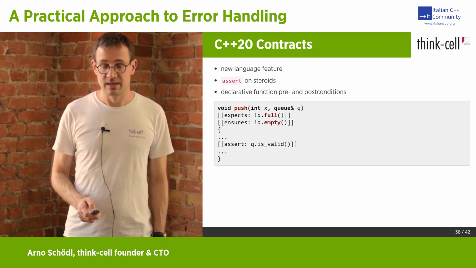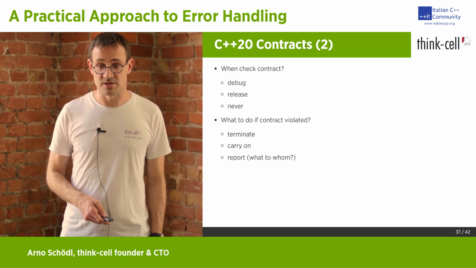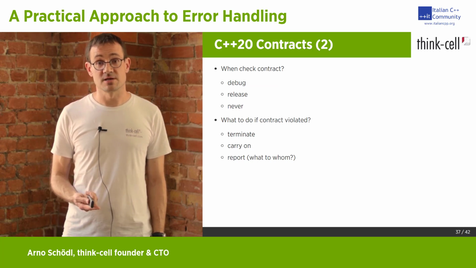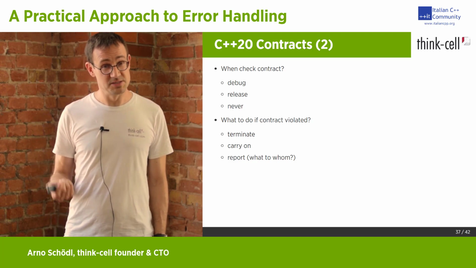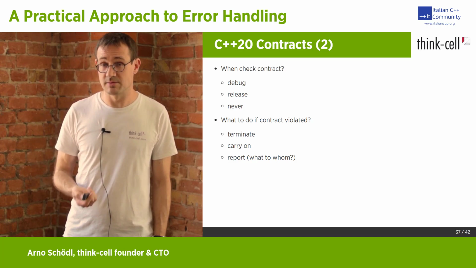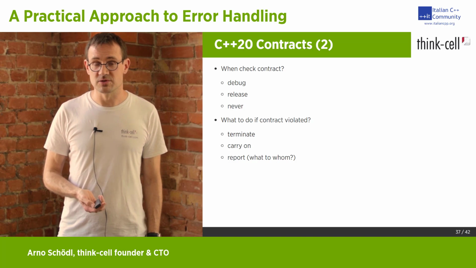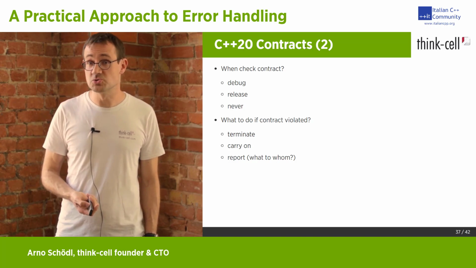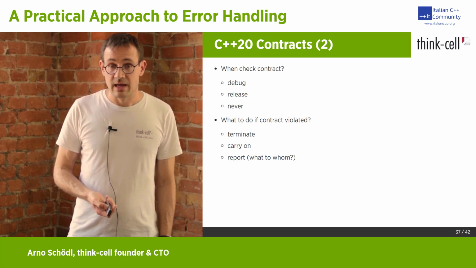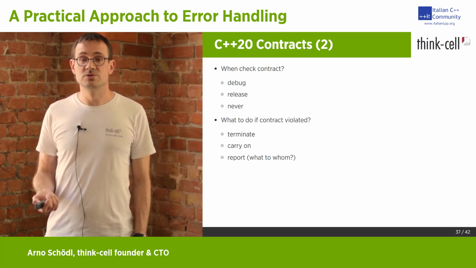And of course, when you have such a feature, there are many questions that come up. For example, when do you check these conditions? Do you check them only on debug? Do you maybe check them as well on release? There was also the idea that maybe some of them you can never check, but you could potentially use to optimize the program. And now, if you do check, what do you do if the check goes wrong?